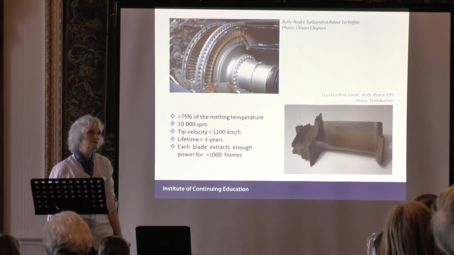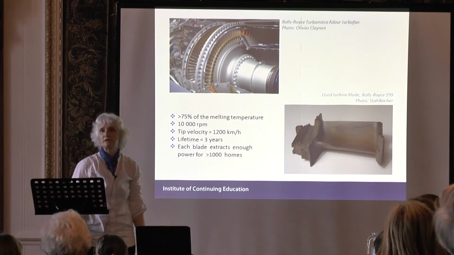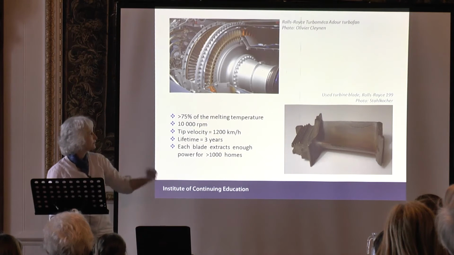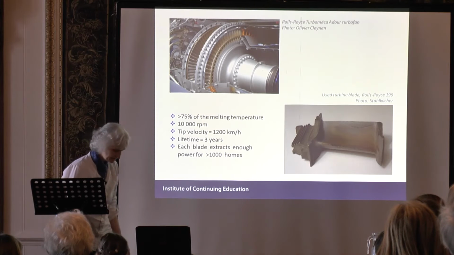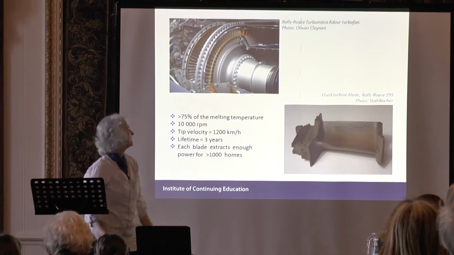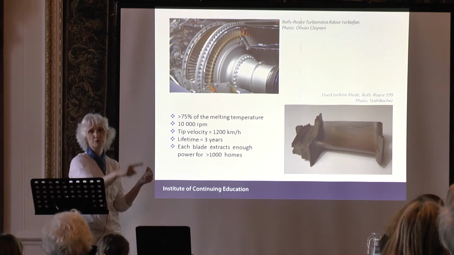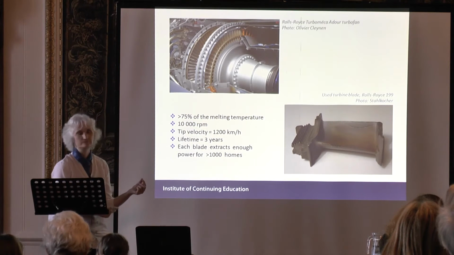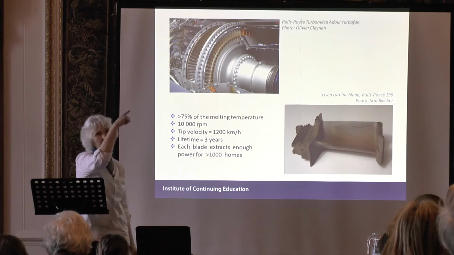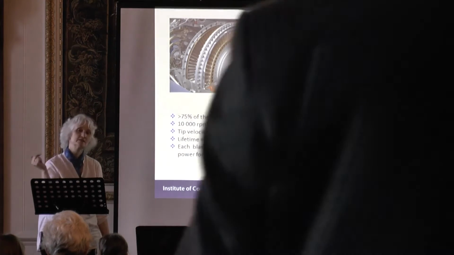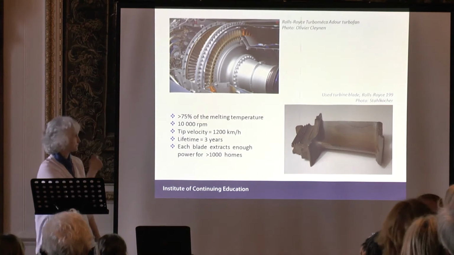Most metals start to soften significantly at about 2/3 of their melting temperature. So there's something quite special going on there already. They're going round at 10,000 RPM, and the end of each tip is going round at about 1,200 kilometers an hour. That means that the end of each blade is travelling at a speed which is roughly twice the forward speed of the jet.